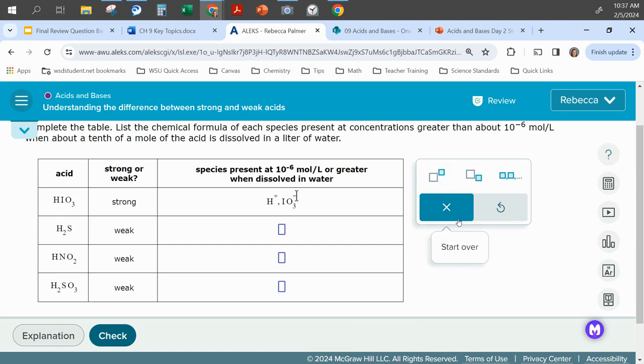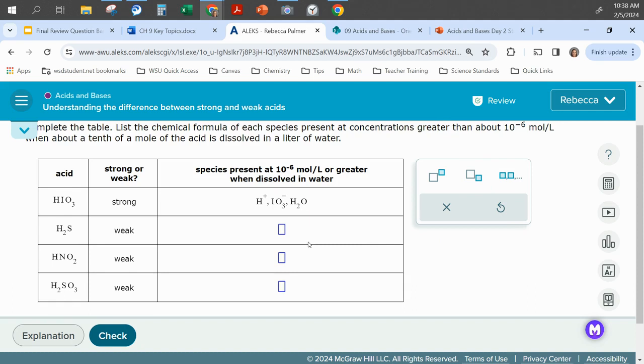I'm just taking the acid and it's breaking into its pieces: hydrogen and the thing that's left over. And this is in water, so we also have water. Okay, does that make sense?